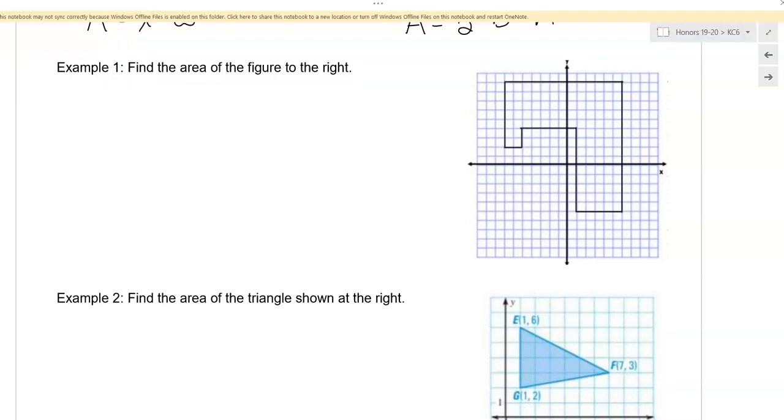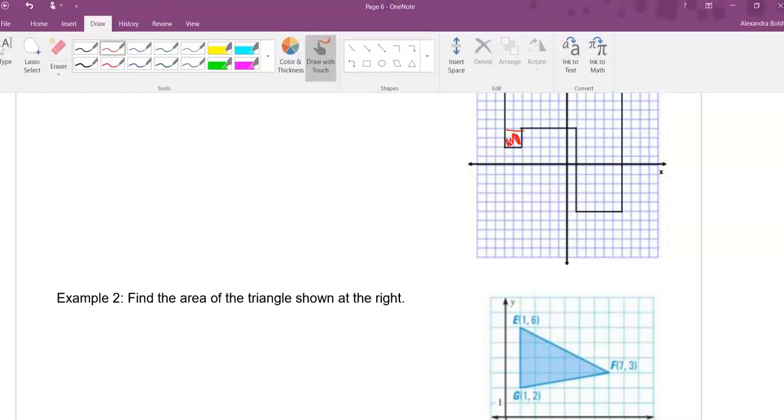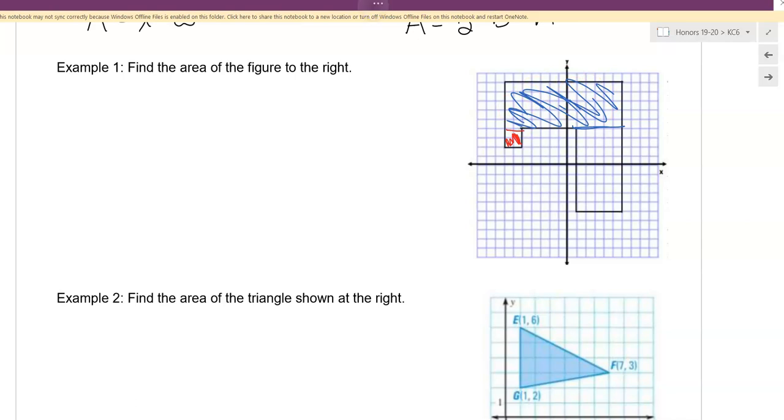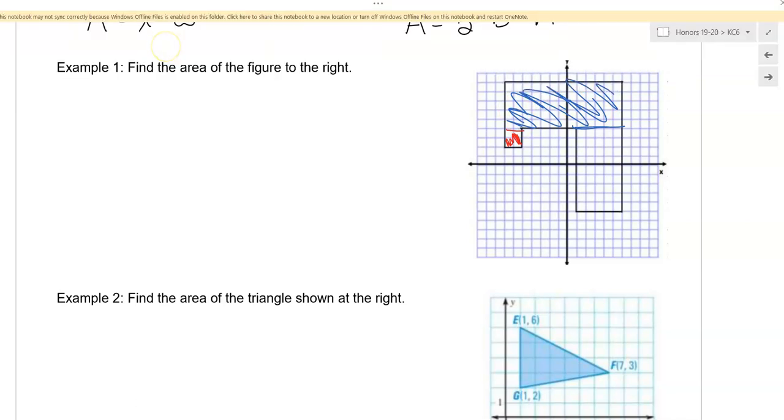So if I draw a line here, I have this space that is a rectangle, it's actually a square, and I can split it here, and it creates this space, which is a rectangle, and then I have this rectangle here.